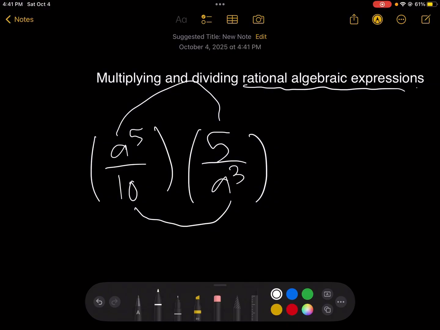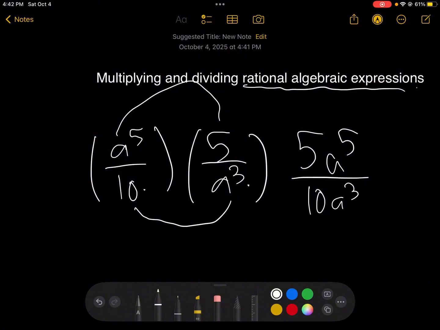So a to the 5th times 5 is 5a to the 5th, and then 10 times a cubed is 10a cubed, and then you have to simplify it to the simplest form.